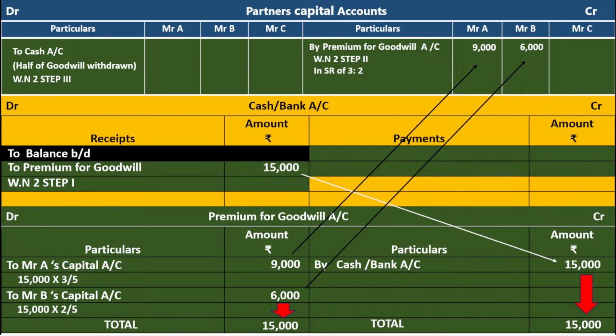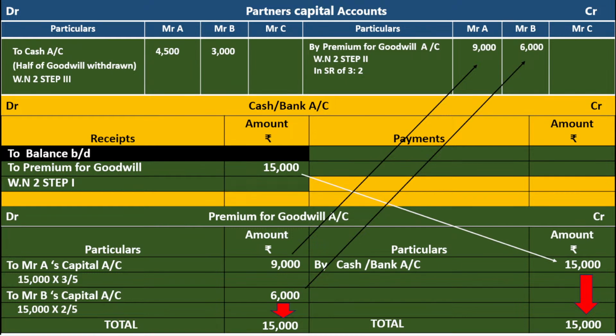Working note number 2, step number 3. This 9,000 into 1 by 2 is 4,500. This 6,000 into 1 by 2 is 3,000. Okay, understanding or not? Now, when the goodwill amount is withdrawn by the partners, Mr. A's capital account debit to cash account, Mr. B's capital account debit to cash account.